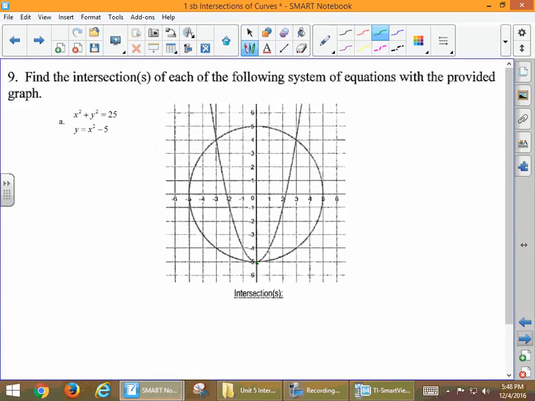Well, there happens to be a point right there, which is (0, -5). There's a point here, which is (-3, -4). And then we also have a positive one, (3, -4). There are 3 points where those graphs intersect.